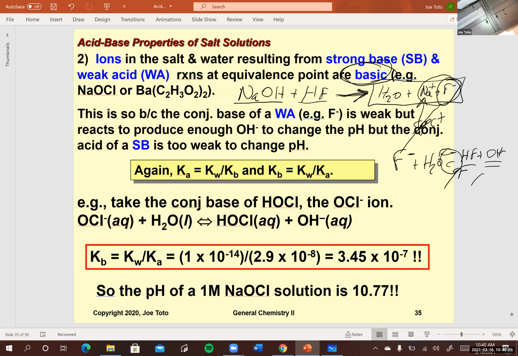How much is enough? It's got to be greater than 1 times 10 to the minus 7. And then in that case, it will change the pH because this is a weak base. I know it's a weak base because it's the conjugate weak base of this weak acid. So I know that solution, that salty water, is going to be basic.